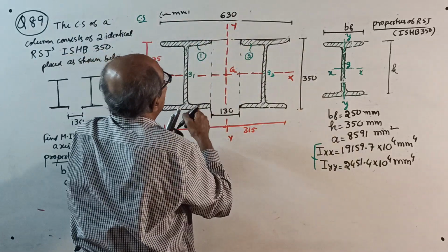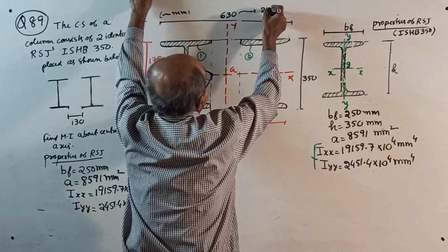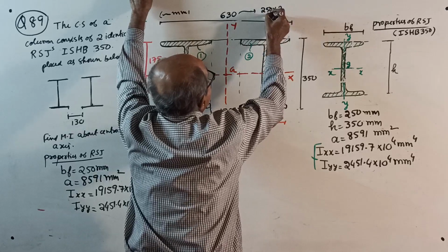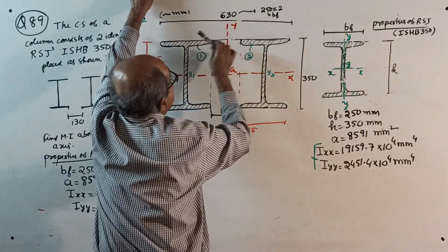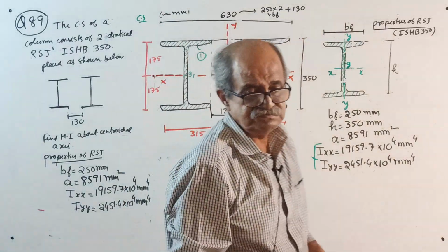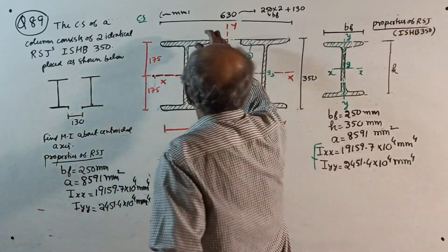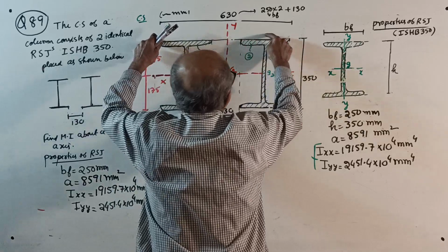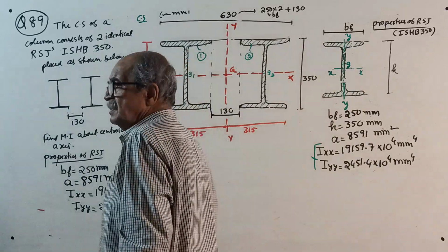You can make a small note there on how this 630 came: 250 multiplied by 2, where 250 is the breadth of flange, plus another 130. That's how you got 630 millimeters.